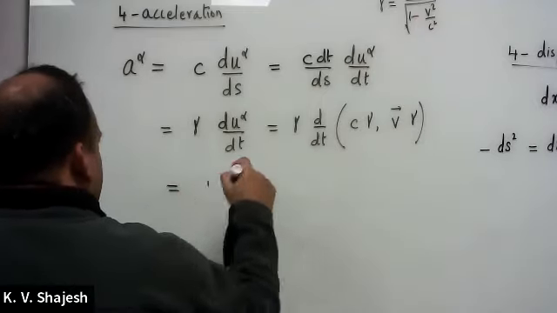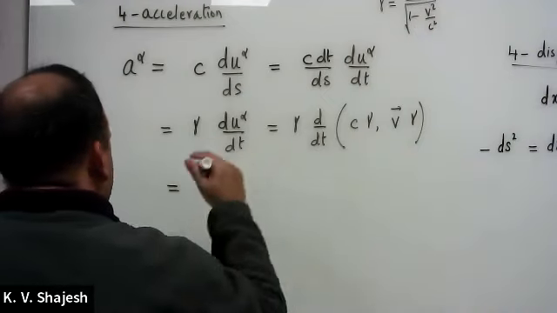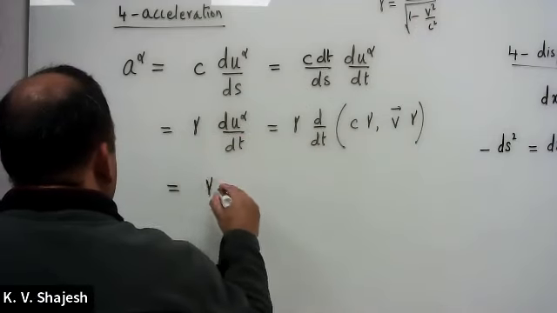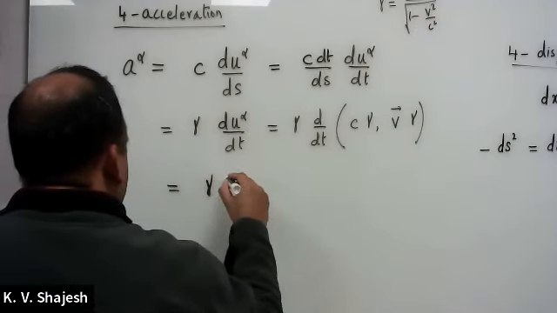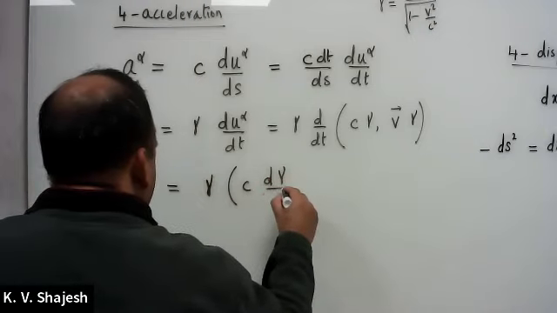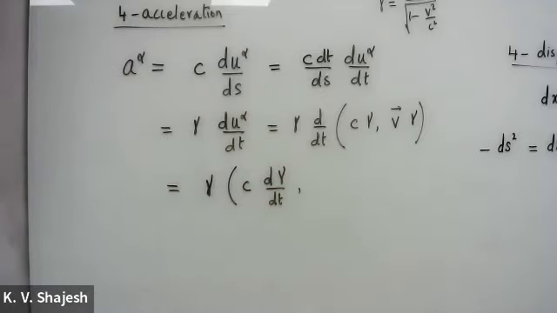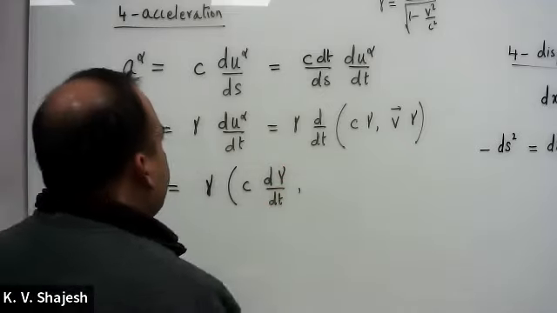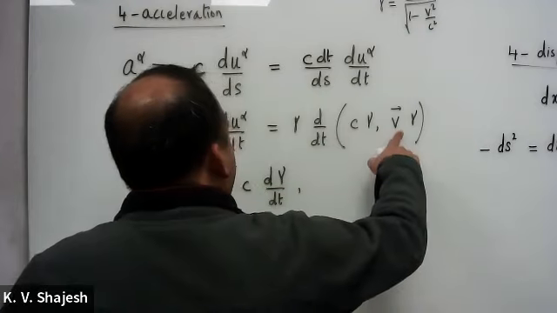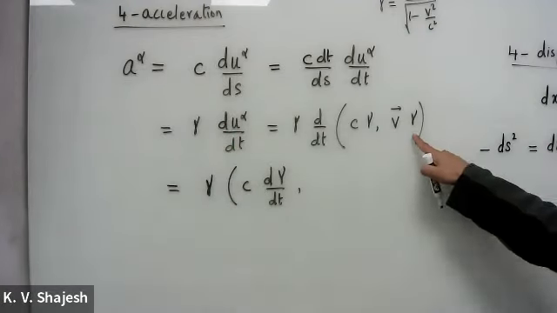I can write this as, let me keep this gamma outside. c times the derivative of gamma with respect to the coordinate time. And now when I hit the second term, I can either hit the velocity here or the gamma.